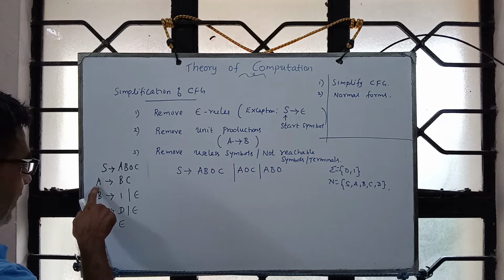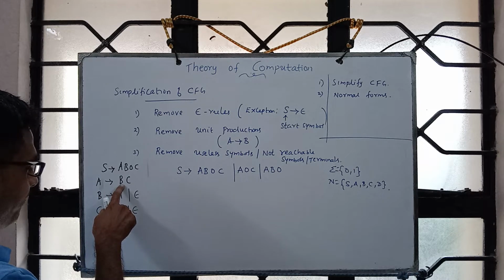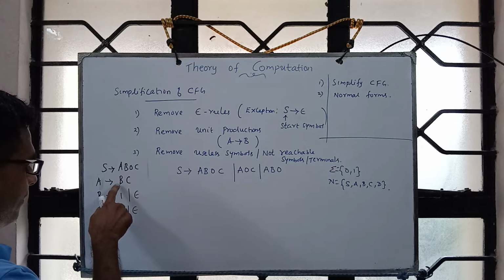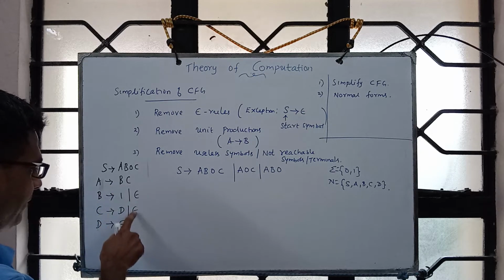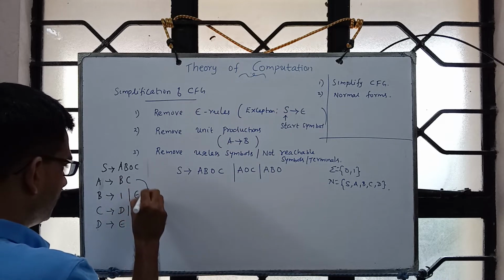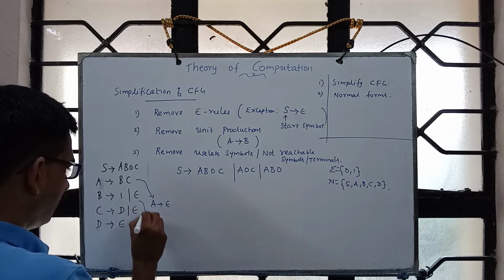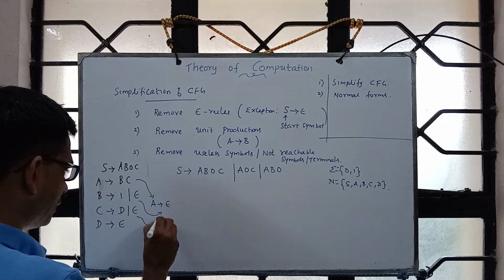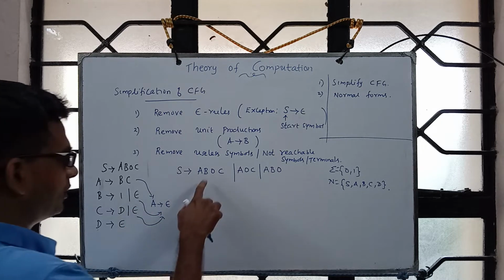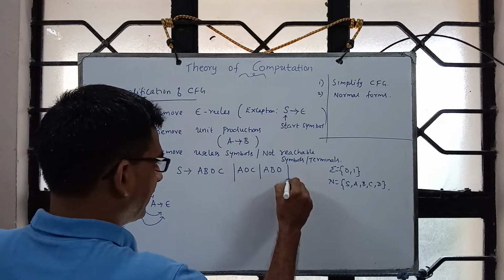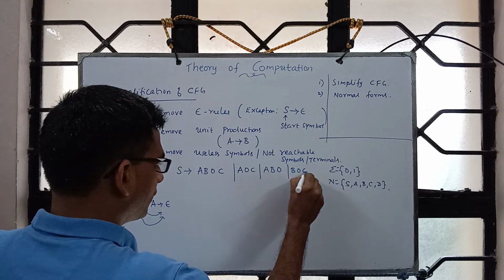And also see that A implies BC, and B implies epsilon, C implies epsilon, which means A implies epsilon. So we get A implies epsilon because of these two, which means when you substitute this, we get B0C.